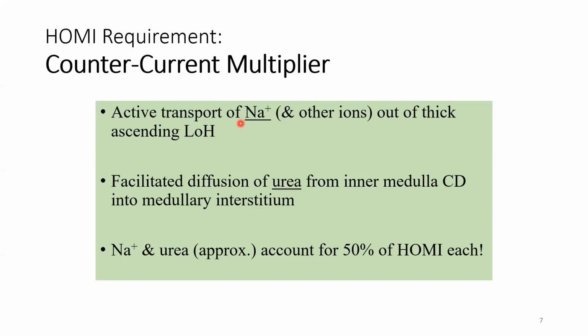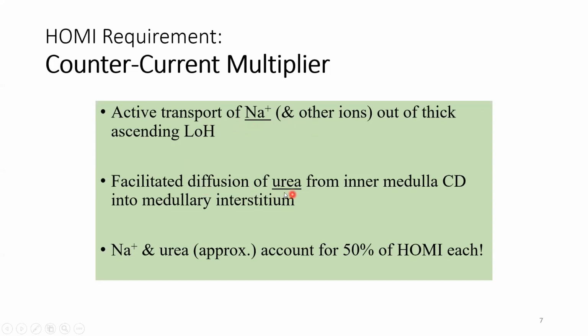That's the sodium, one potassium, 2-chloride symporter, if you remember that now. So that is the transporter which enhances the uptake of solute from inside the lumen and pumps it into the interstitium. This is one of the mainstays of creation of hyperosmolarity of the interstitium.